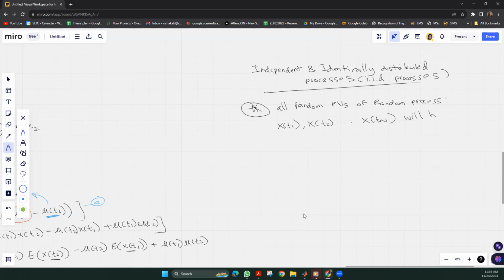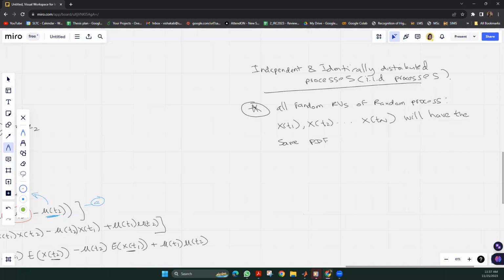If that is the case, that random process is known as the independent and identically distributed process, the IID process. Same PDF, then we call that an IID process.